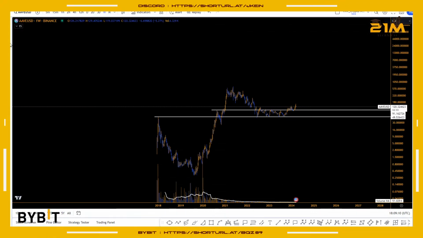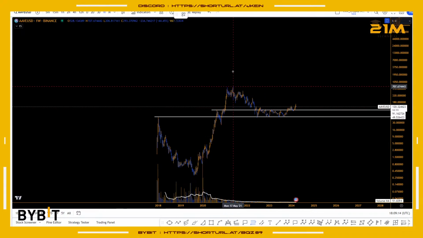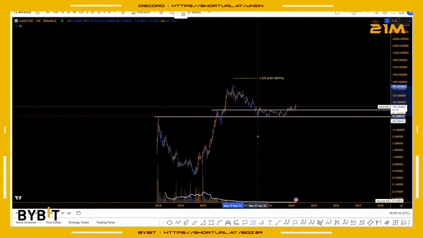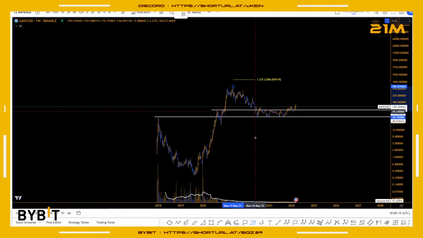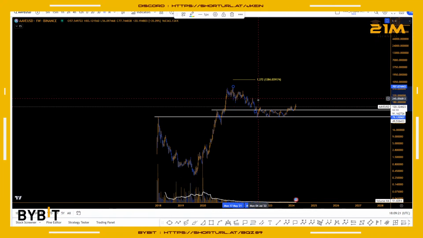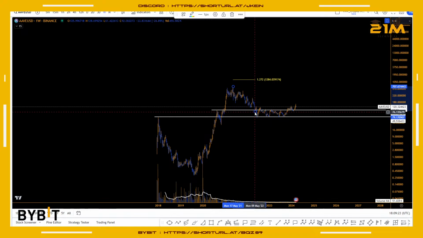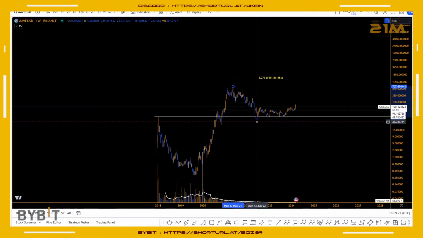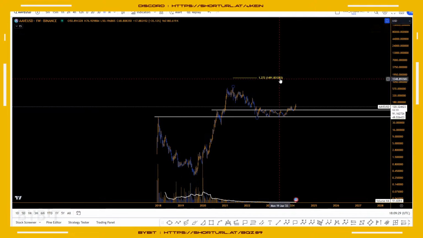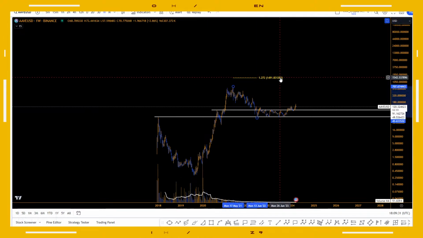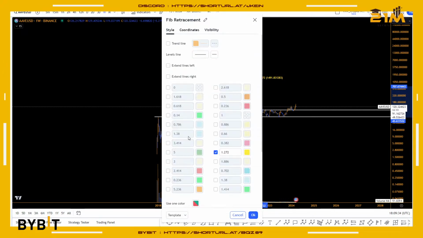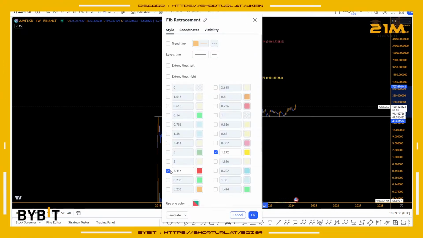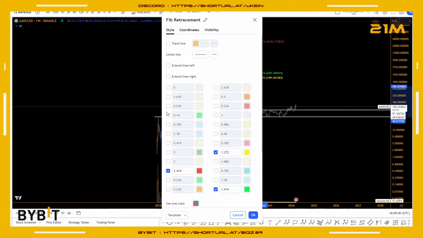If I compute the wave counts for Aave, just drawing the fibs from here to the lows, I am seeing a 1.272 fib is around $1,500, and the bull run target would normally be around 2.414, and somewhere around 1.414 and 1.618 Fibonacci levels.